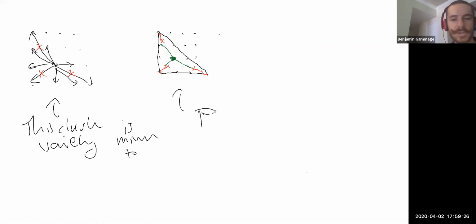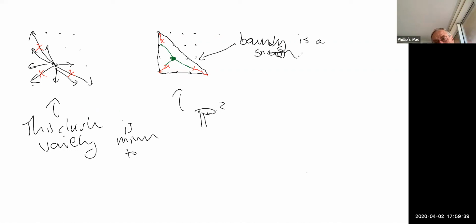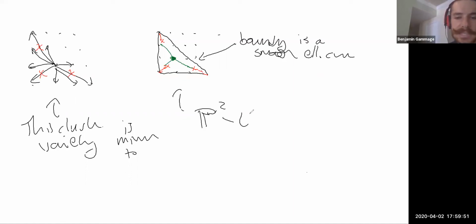So I start with P2, and then when I do these 3 nodal trades, the boundary is now smooth. Before I did the 3 nodal trades, my boundary was 3 nodal P1s. Each nodal trade smoothed one of the nodes. So now the boundary is a smooth elliptic curve. And so when I delete that boundary, I get P2 minus an elliptic curve.